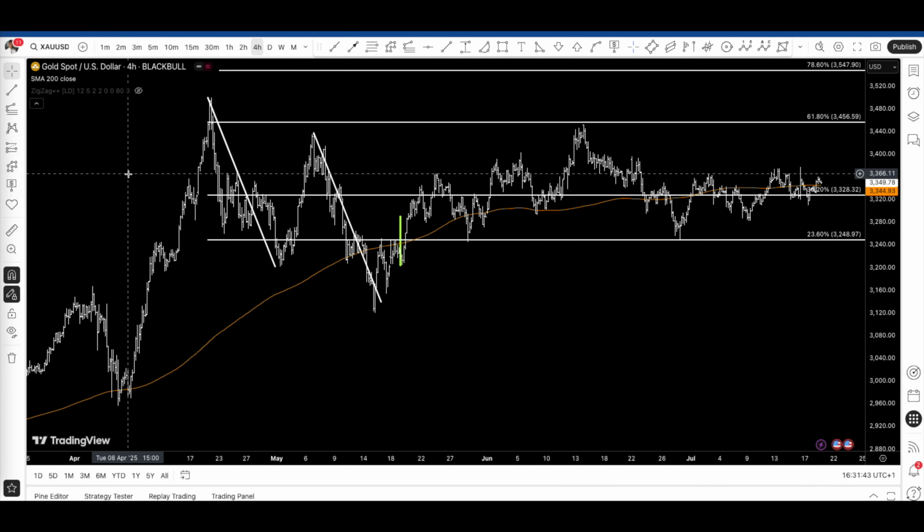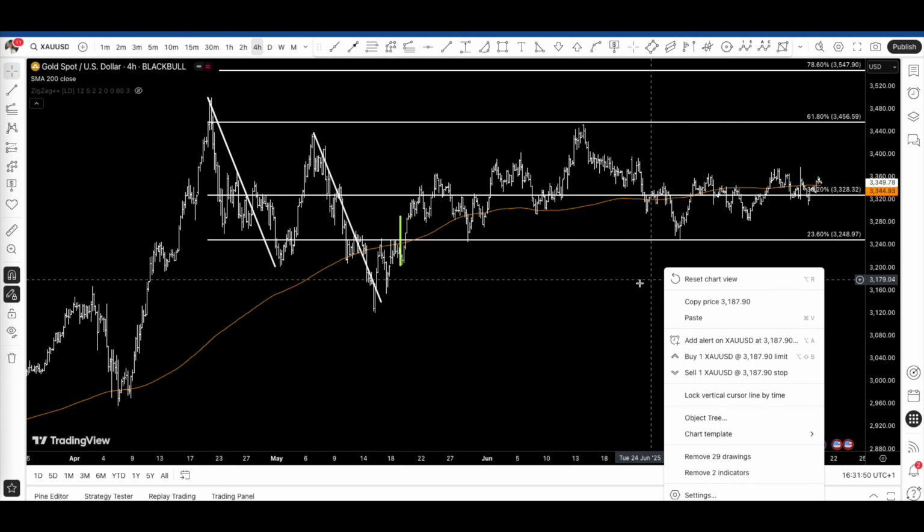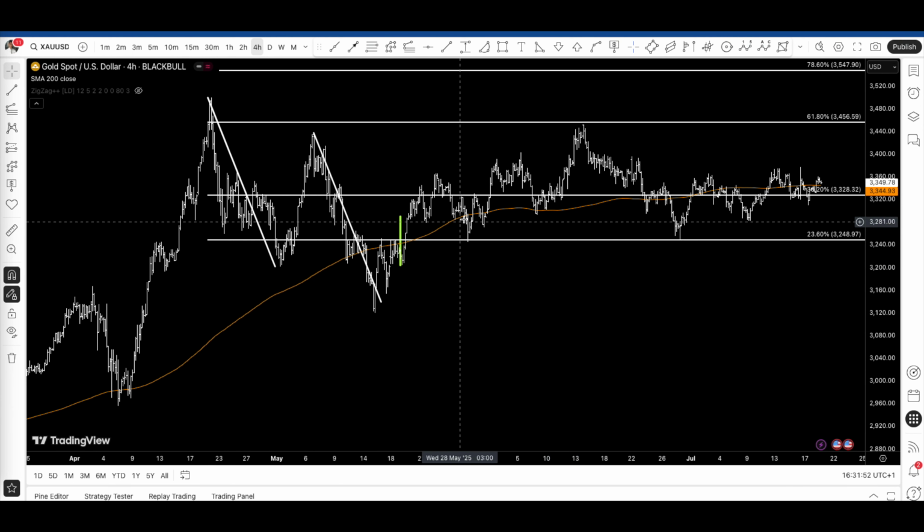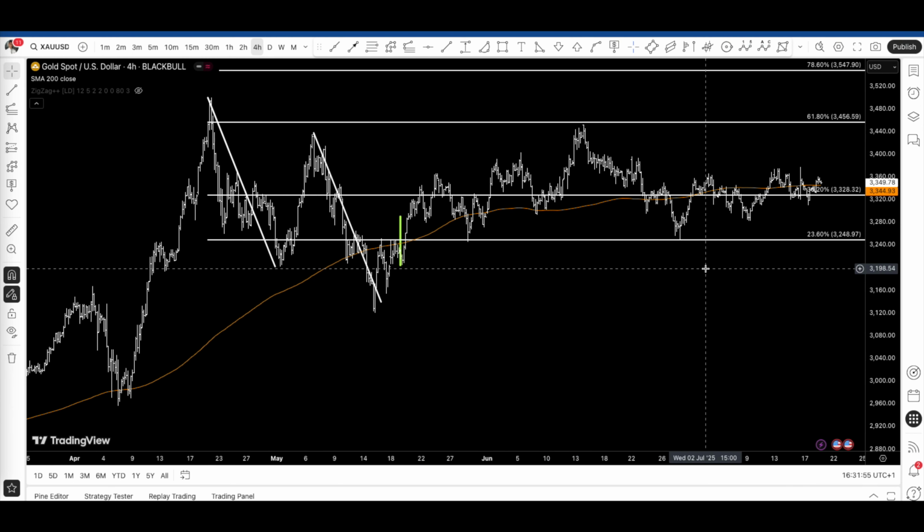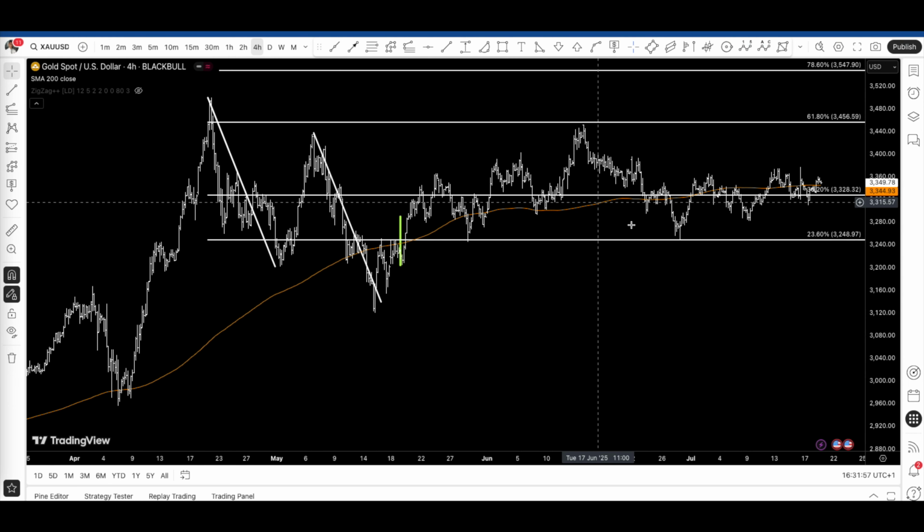So we have the 200 moving average. Price is definitely trading above, even though it has broken below. But we can see how at the 23.6% the price has found support a couple of times so far.